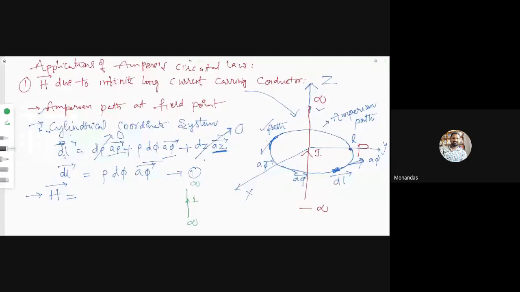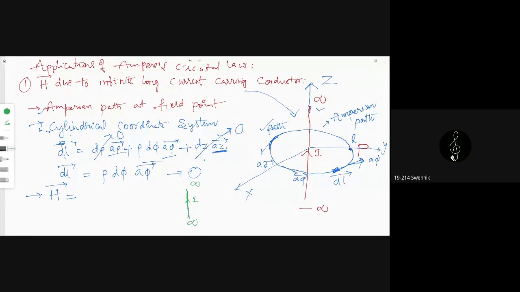How are the magnetic flux lines around this conductor? You should respond. So many times we discussed it.